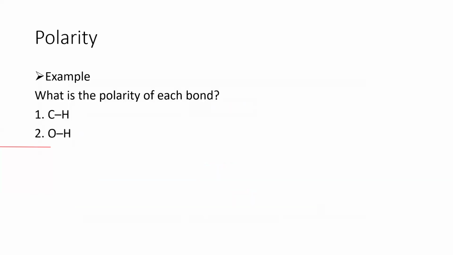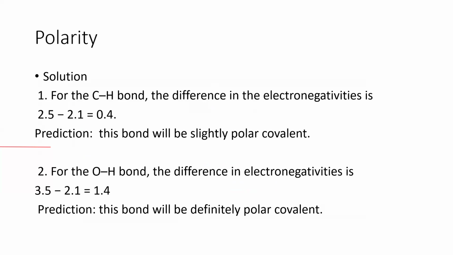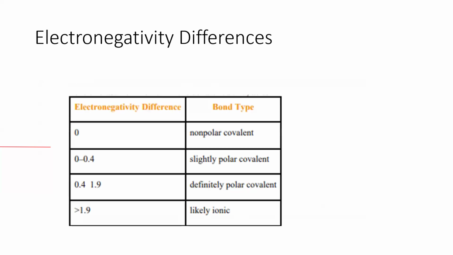Then you subtract hydrogen's, which is 2.1, and you get 1.4. When you get 1.4, you go to the table here. 1.4 is in the range 0.4 to 1.9. So it's definitely polar covalent. That's how we do it.